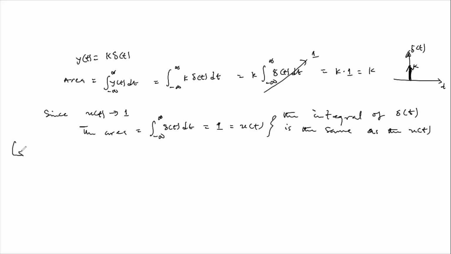So, we can therefore mention here that the first derivative of the unit impulse is the same as the doublet.